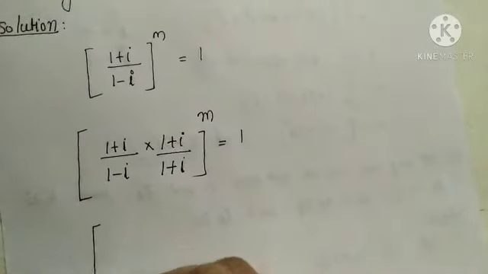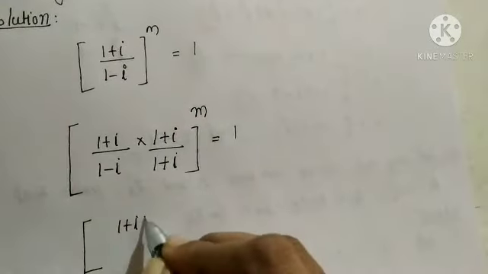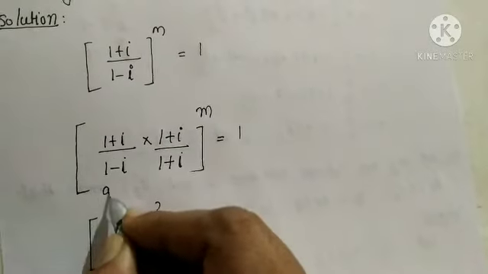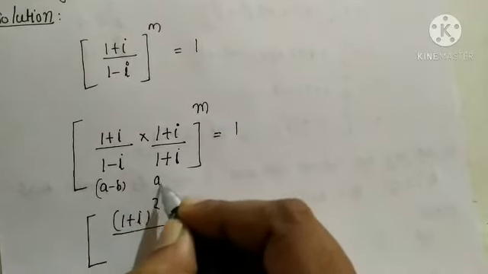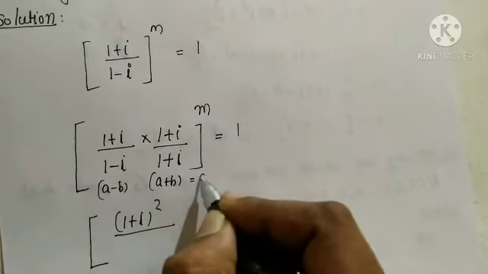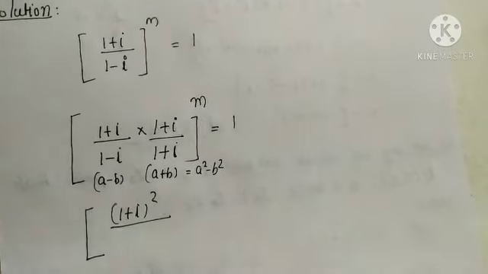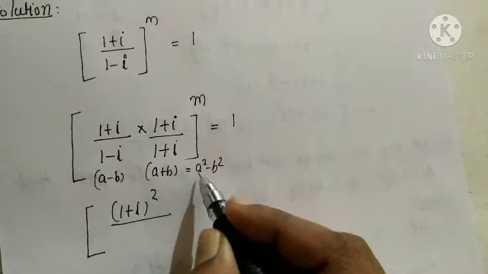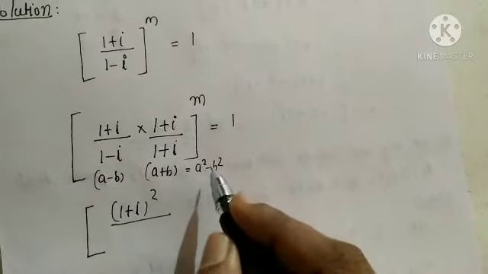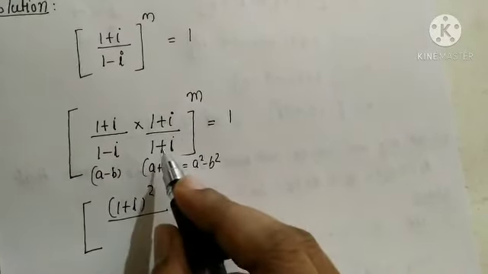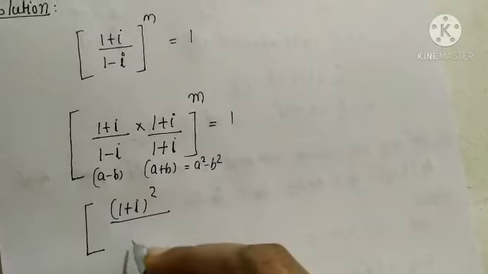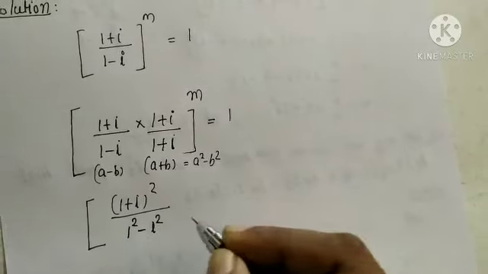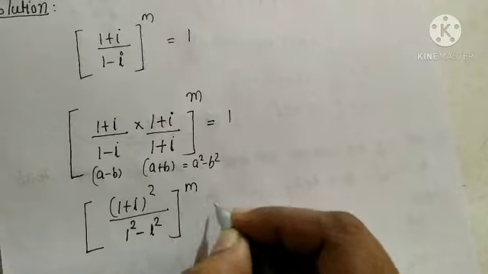So it will become (1 plus i) whole square divided by, this is in the form of (a minus b) into (a plus b), which will be equal to a square minus b square. So the denominator will change to, replacing a by 1 and b by i, we get 1 square minus i square, all raised to m equal to 1.